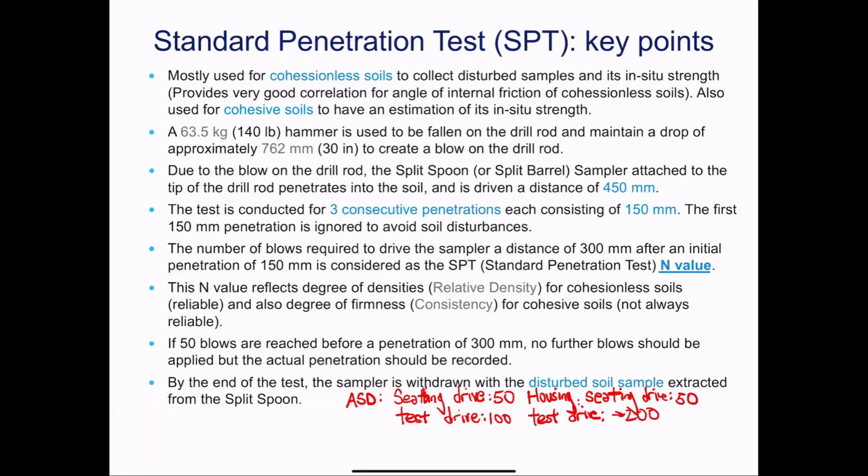So you have to be conscious of what type of project you're working on. Is it an ASD project, housing project, geo project, and termination criteria may vary. So that's where we ended off in the last lecture.